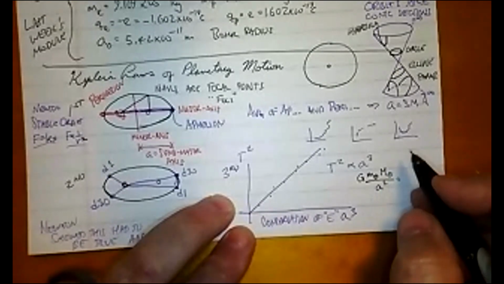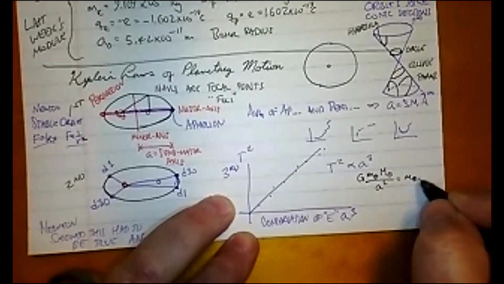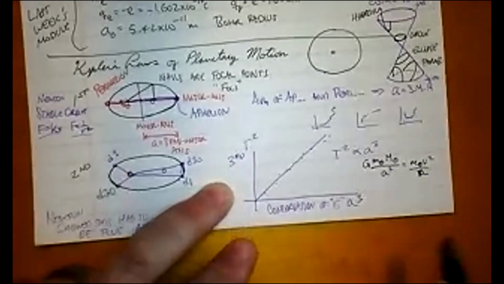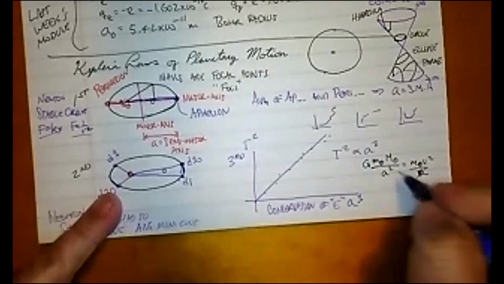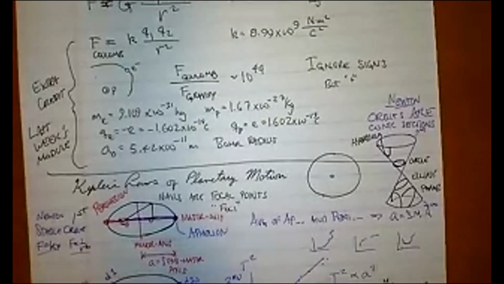There's just a little correction to it. But if you say that's equal to m of the Earth times v squared over r, which is again A, sorry, then guess what? You can automatically see this A is going to cancel out with that one. That radius, in other words, is going to cancel out with that one.